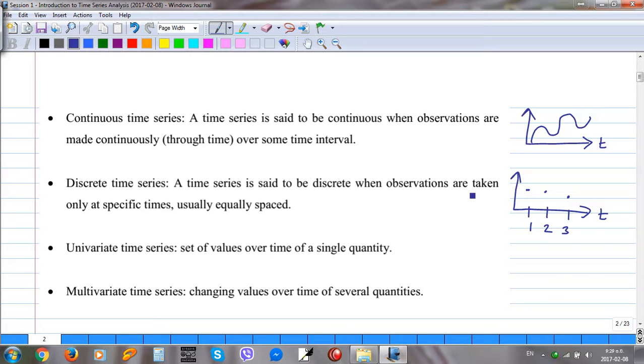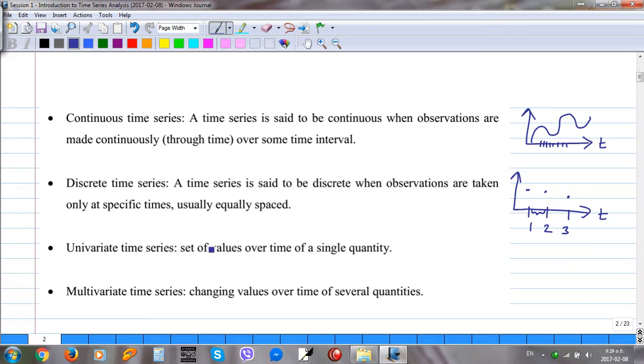Here this is a discrete one, because in between these intervals we are not taking observations. In the continuous case, observations are taken continuously. If we take the observations at specific time periods, that is a discrete time series.